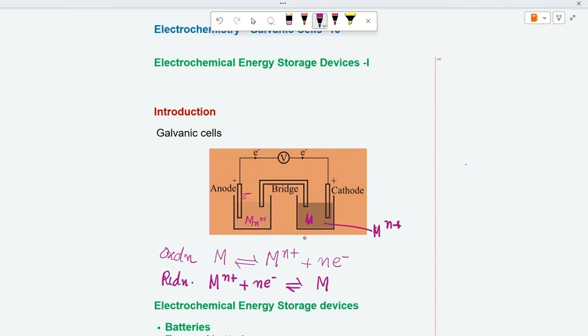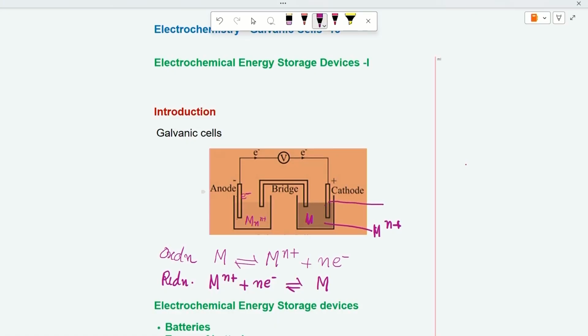This Mn+ takes up electrons, gets reduced and gets deposited on the metal part. For the Mn+ to get reduced it requires electrons, so at the cathode you will have a deficiency of electrons.